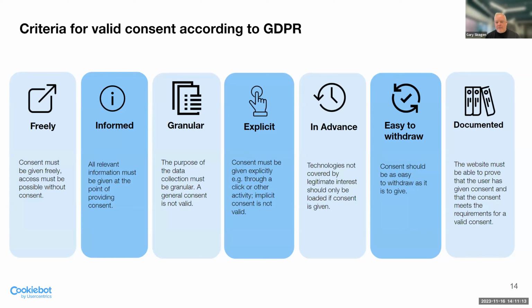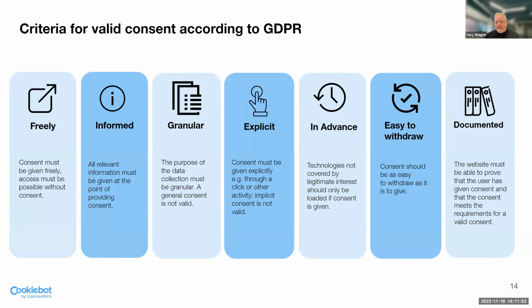If you take a look in our banner, you'll see we provide a detailed list of every single cookie that is being consented to. And then granularity. It's not enough just to say, I provide consent for everything. We need to be able to provide consent for very specific areas. So in our banner, we divide those into categories like necessary, preferences, marketing, statistics, so that you can provide various levels of opting in and opting out of these specific categories.